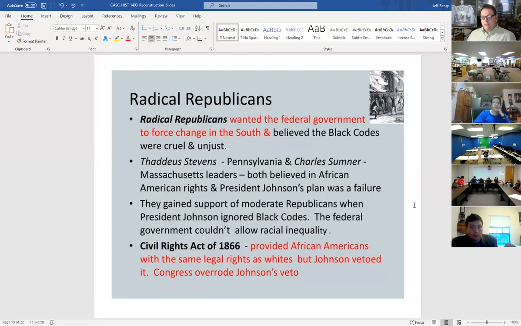To divide up the land, even though they were wealthy plantation slave owners, was not looked upon favorably. So that was their radical plan.